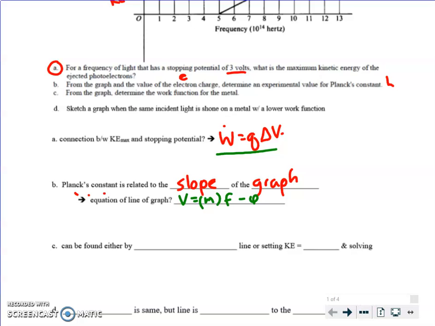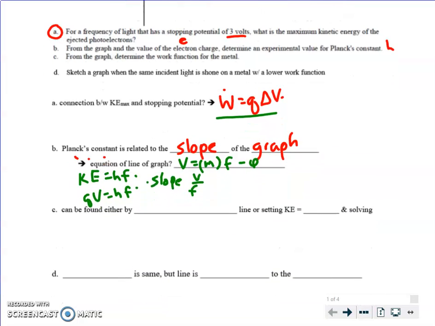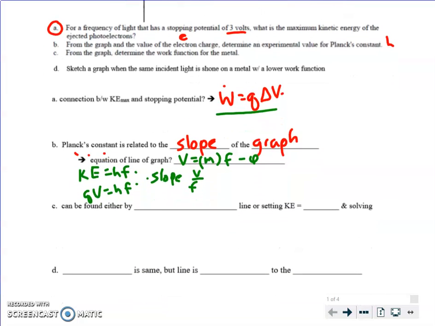In other words, we know that the kinetic energy is HF, and we know that QV is equal to HF, then you can work out how the slope, and the slope from the graph is essentially V over F. You can combine these three to come up with the relationship that connects the slope to H, and I want you to work out what the value is, at least in this particular problem.